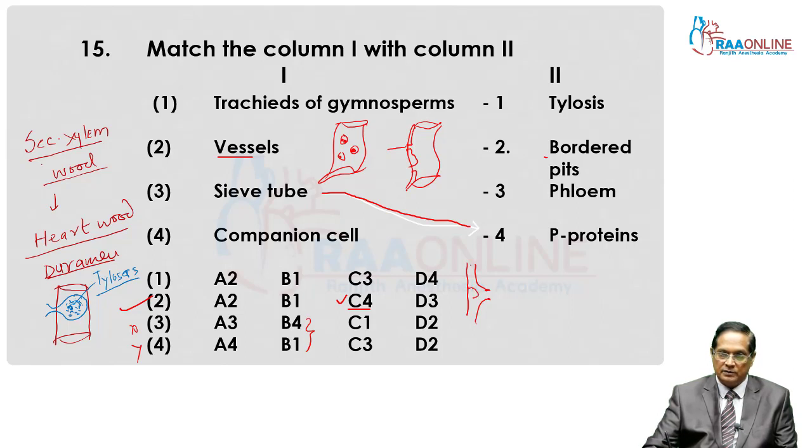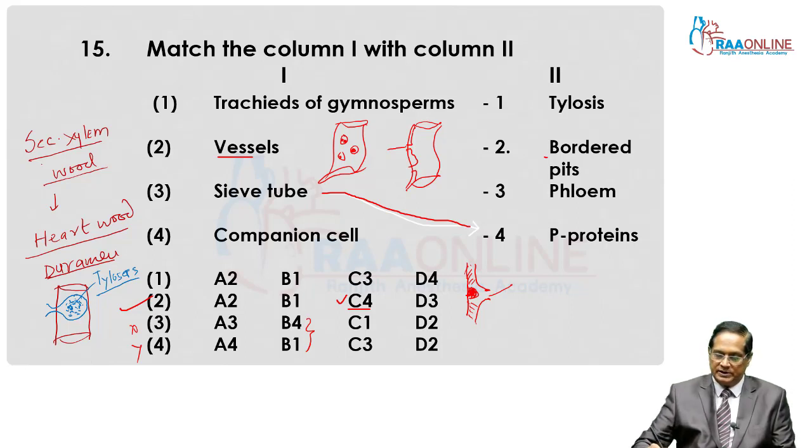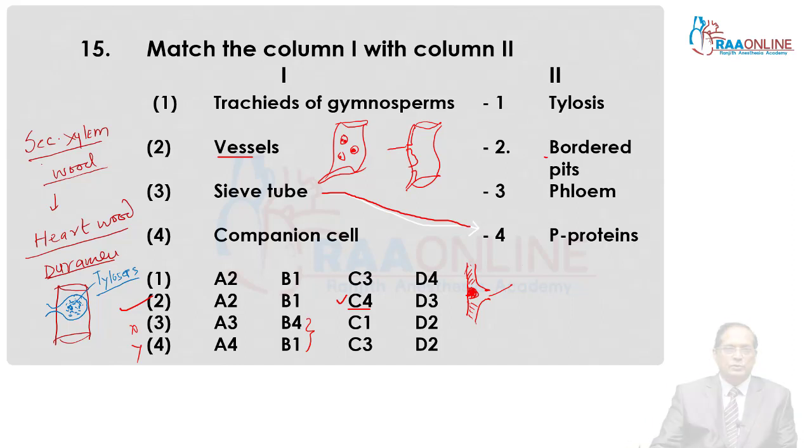This is the bordered pit found in the secondary wall of tracheid. Angiosperm tracheids are with simple pits, whereas gymnospermic tracheids are with bordered pits.